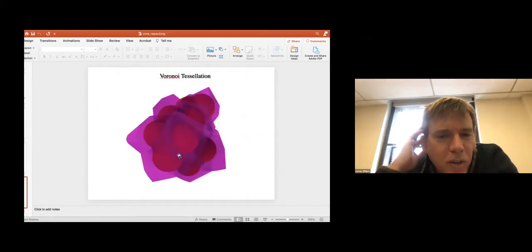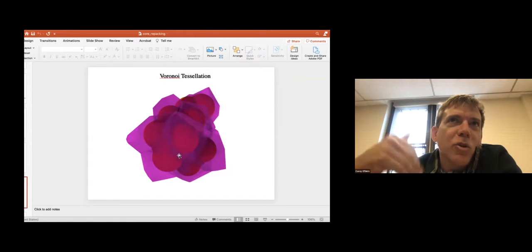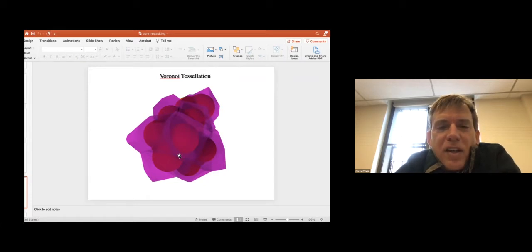A Voronoi tessellation, which is trying to find the region of space that's closest to a particular surface than any other points in space, looks like this.